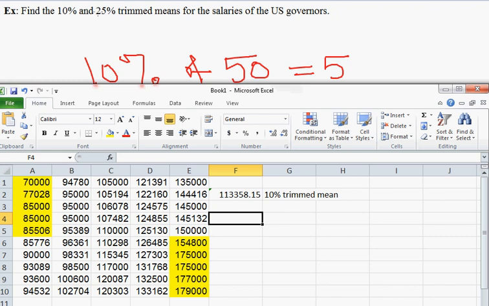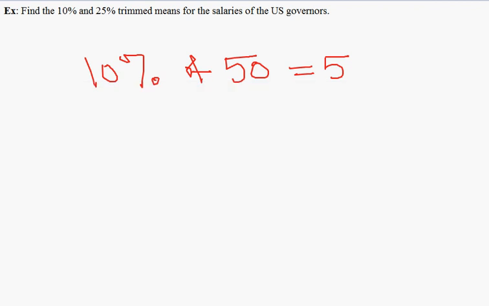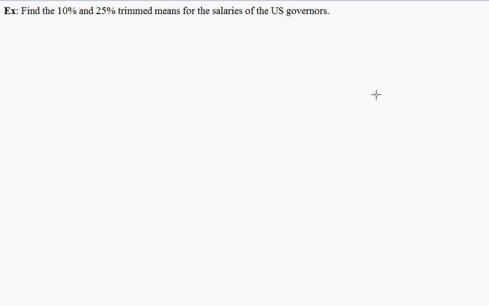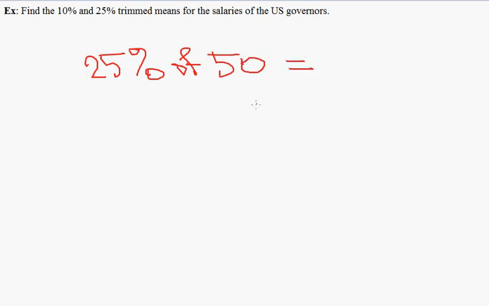Now for the 25% trimmed mean, we have a complication. If we figure out what 25% of 50 is, 50 divided by 4, that's 12.5.